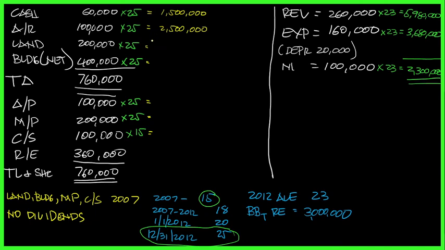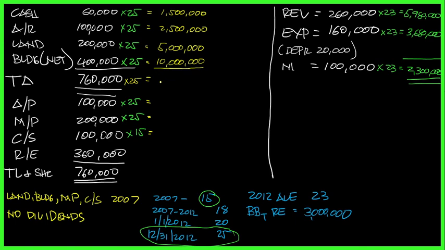Your land, that will be 200,000 times 25, 5 million yen. Pwede ko naman kasing i-shortcut yan, pero sige na nga. Ano pa? 400,000 times 25, o di parang times 2 lang yun, 10 million. Lahat naman yan times 25.